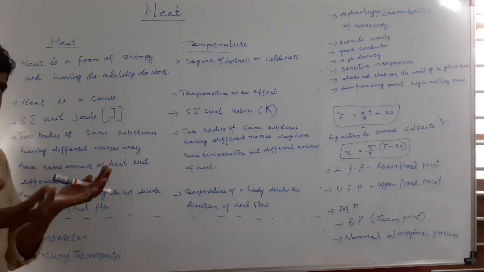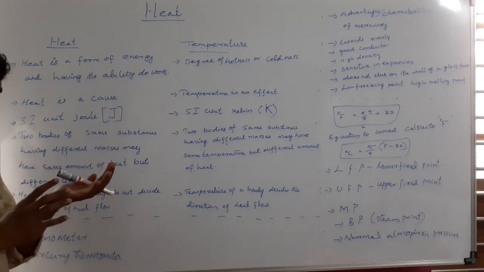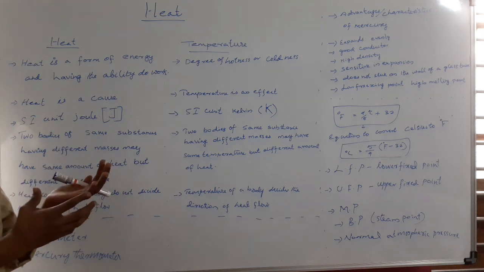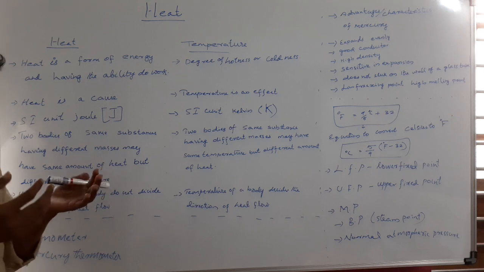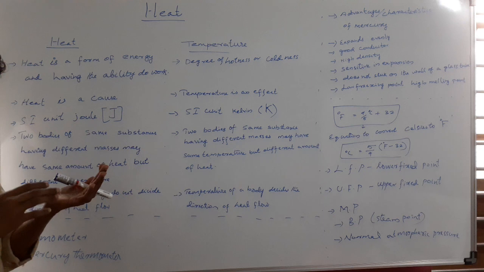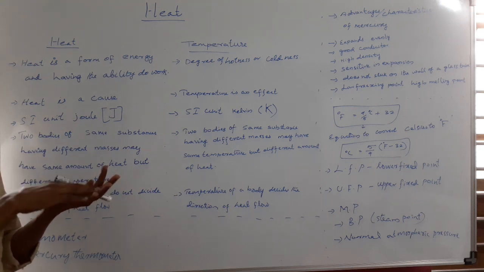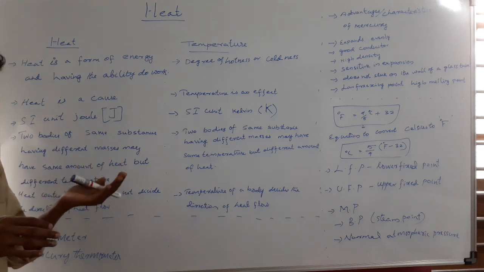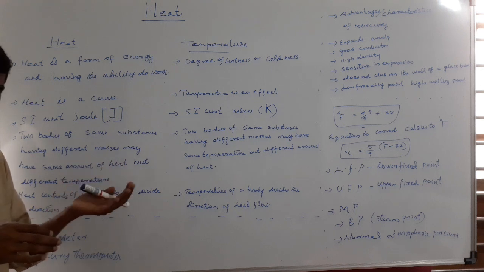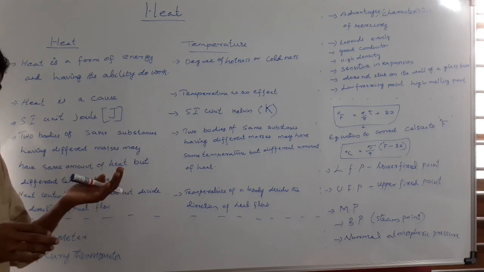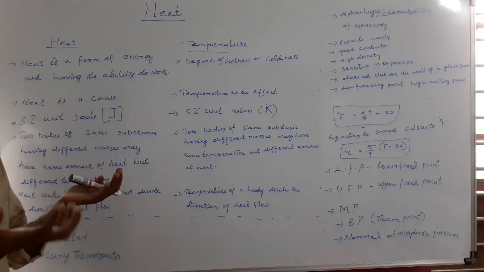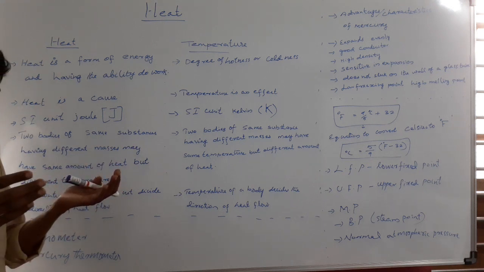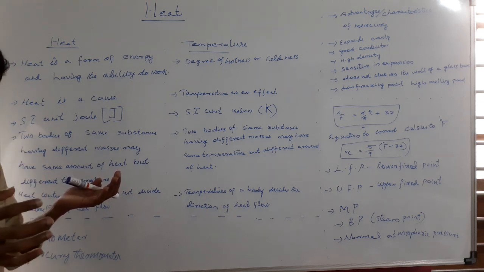But if you are looking at the amount of heat, since the mass is very high compared to this one and the temperature difference is very low, the 10 kilogram of water at 49 degrees Celsius will have a higher amount of heat, but here the amount of heat will be low, yet heat flows from the 1 kilogram body to the 10 kilogram body.